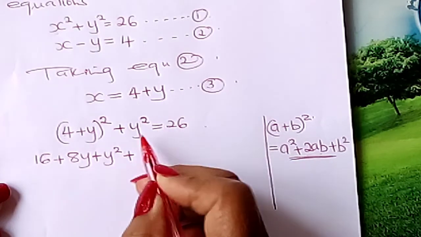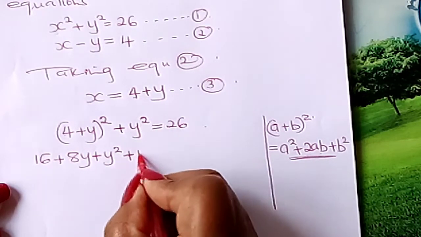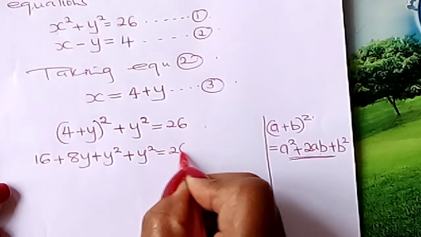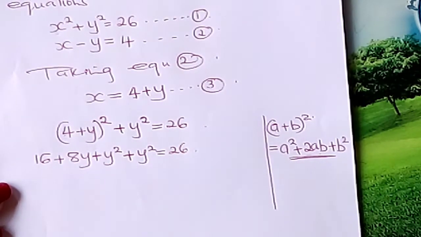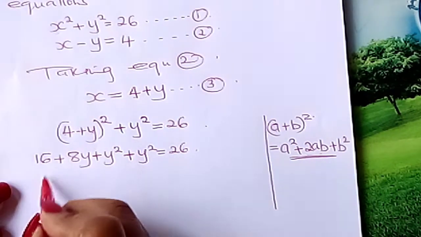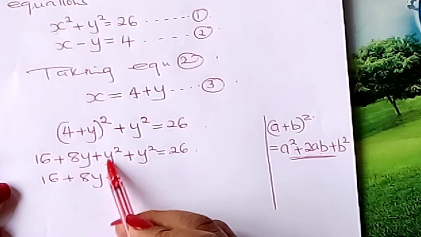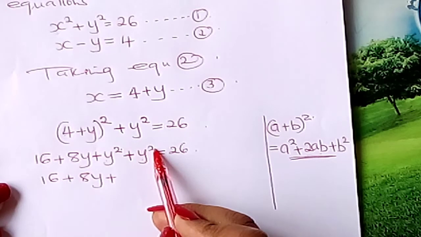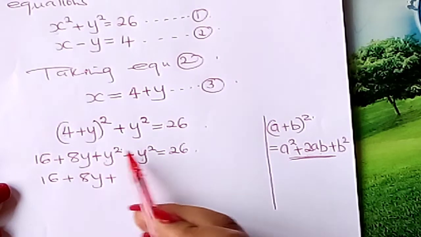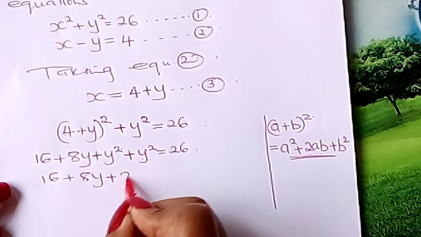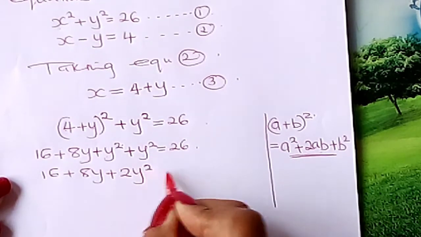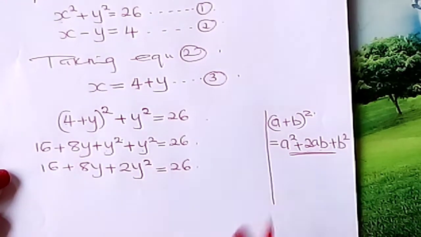Then do not forget you had y squared here, so plus y squared is equal to 26. You see that this is 16 plus 8y plus y squared plus y squared. How many y squareds are these? There are 2. So 2y squared is equal to 26.